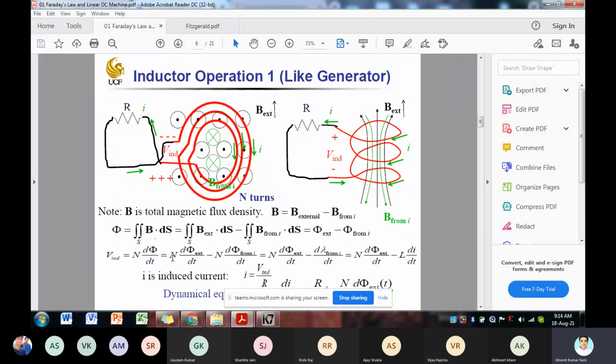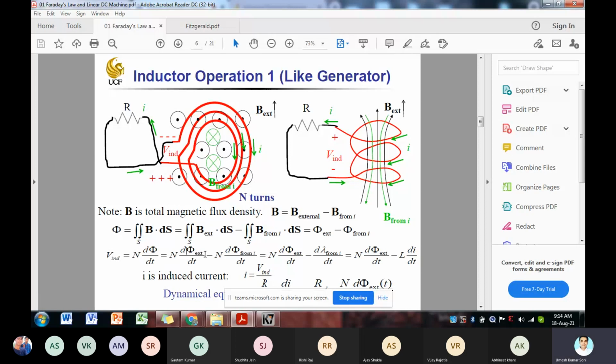Okay, so now you can see the induced voltage will also be equal to the difference of N d phi external upon dt and N d phi from I upon dt. You can see here there is a net flux, and we can replace this net flux with the flux external minus flux from I.